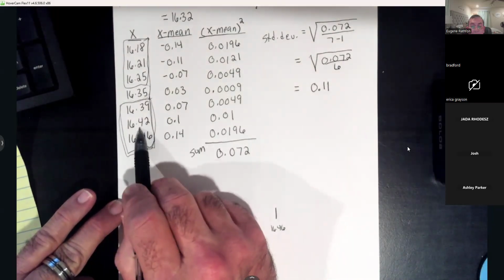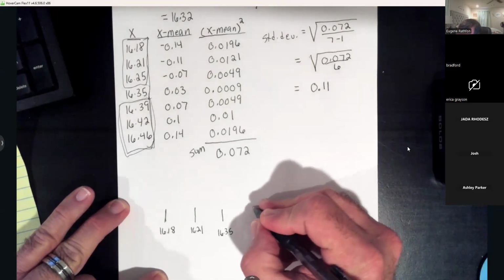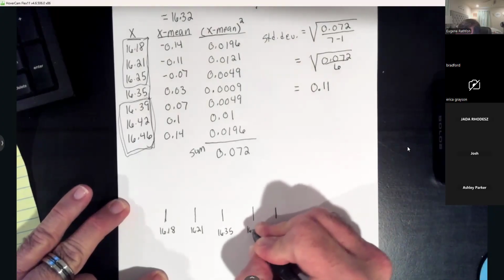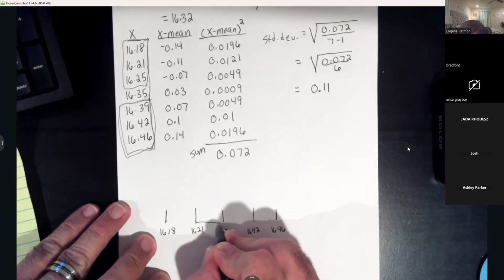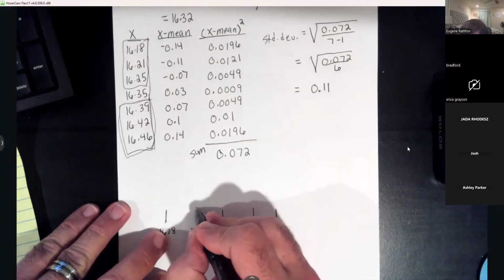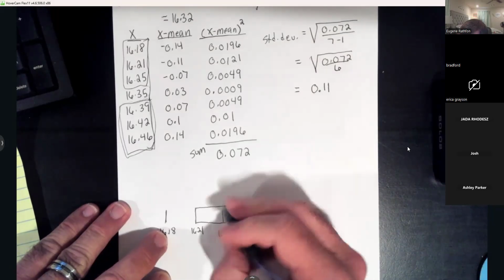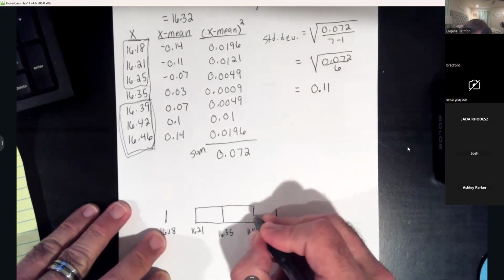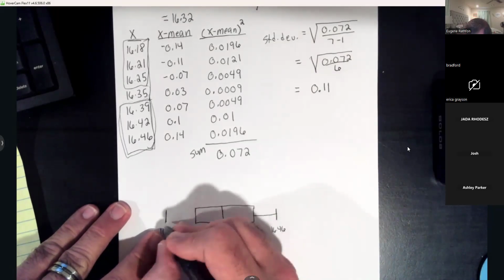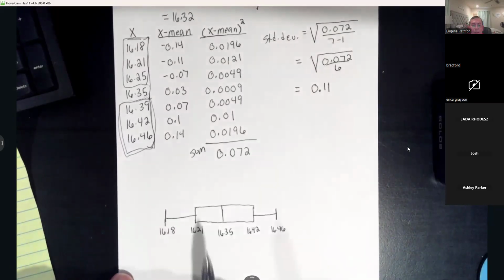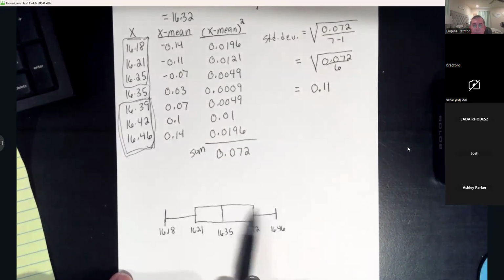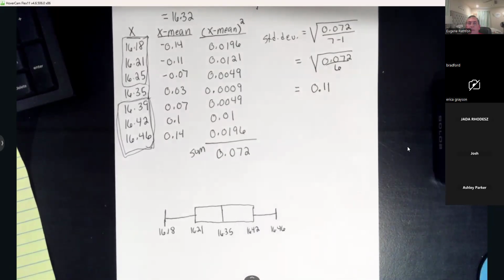And that middle number is 16.42. Right, so we'll make this a box. And then extend my whiskers out to that low and upper value. All right, so we need one that looks similar to this. So let's go to MATLAB.